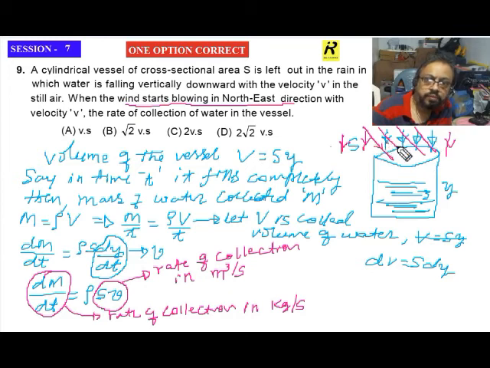So when the rain falls in an inclined way because of the wind, nothing happens to the rate of collection, which still remains Av. So this is the answer for this question.